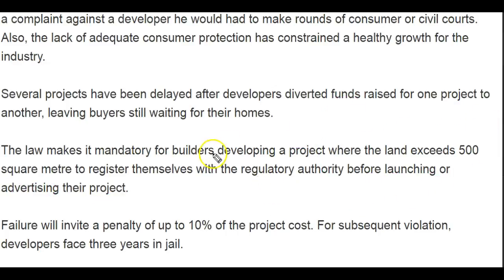If the developer does not register the project with the Real Estate Regulatory Authority, the builder has to pay a penalty of 10% of the project cost.